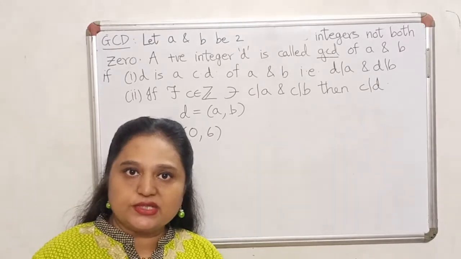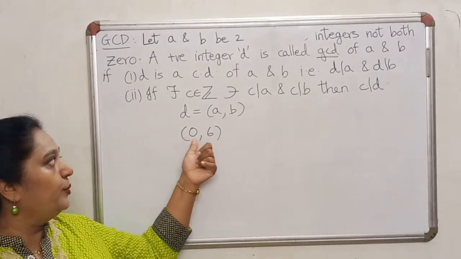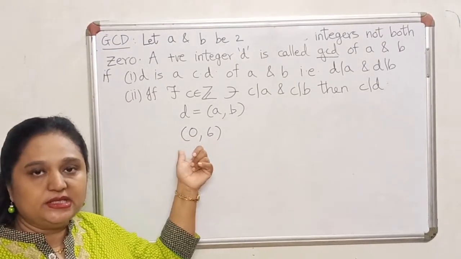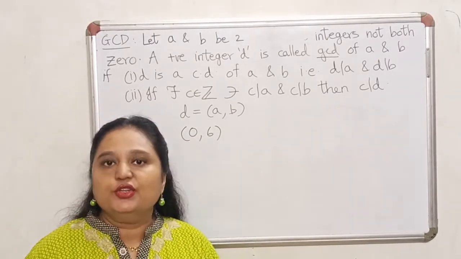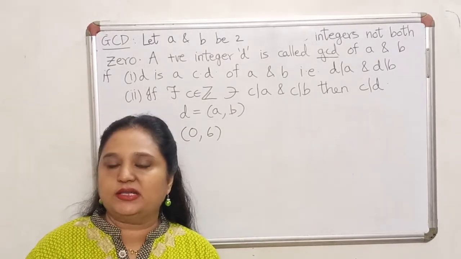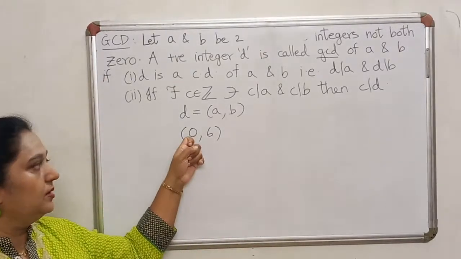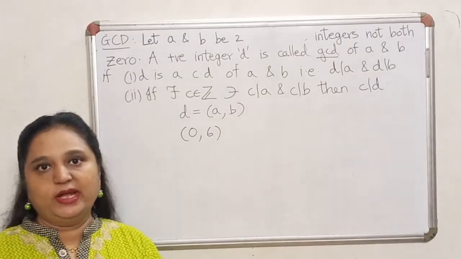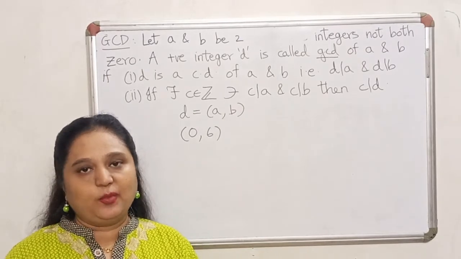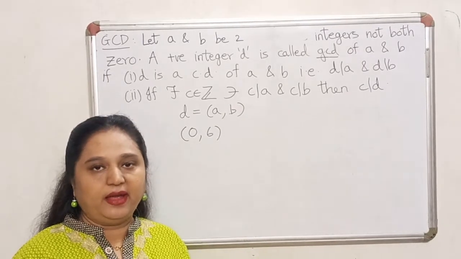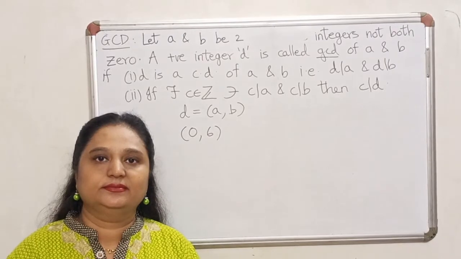See if you can use the same technique to predict what should be the GCD of 0 and 6. It will be a very good idea at this stage to pause your video and try and work out the GCD of 0 and 6. And once you are done, you can get back and check your answer.